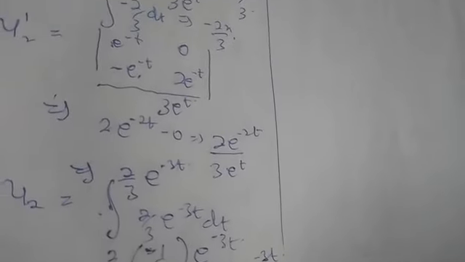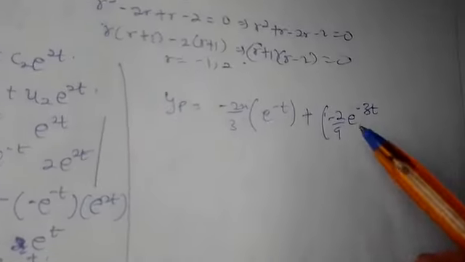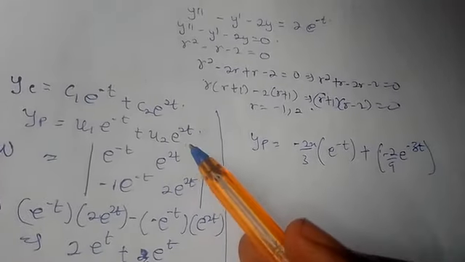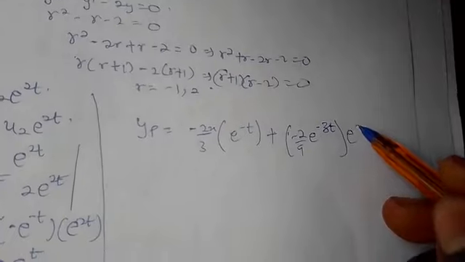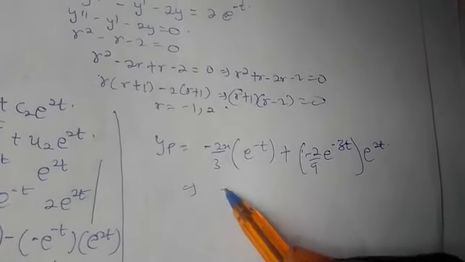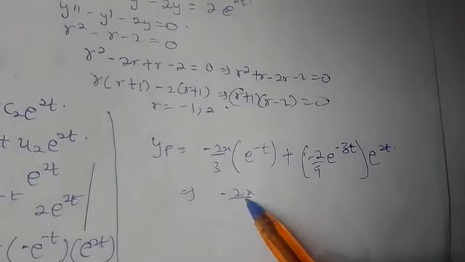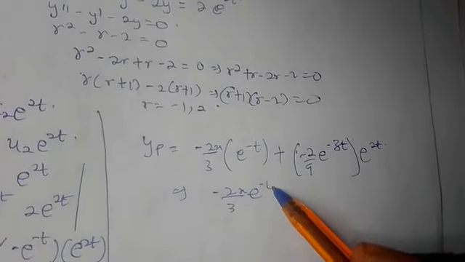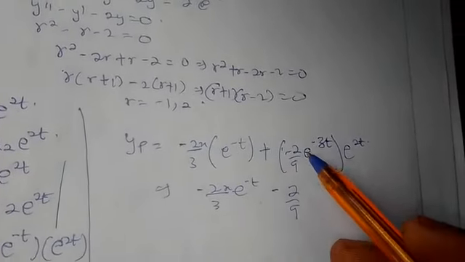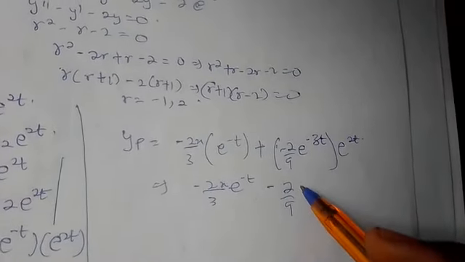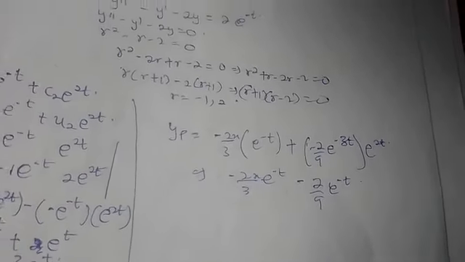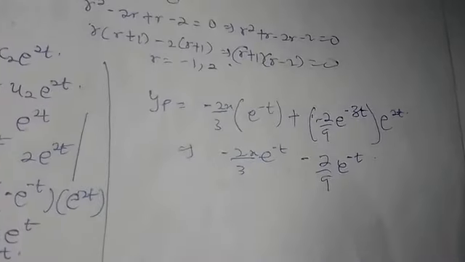So that gives me my particular solution. This u2 is also multiplying the expression e to the power 2t. So let me further simplify, and I'm getting negative 2t over 3 e to the power negative t minus 2 over 9. This will multiply, and it will be left with e to the power negative t. So this becomes my particular solution from what I'm having here.